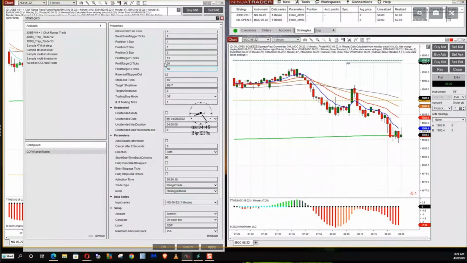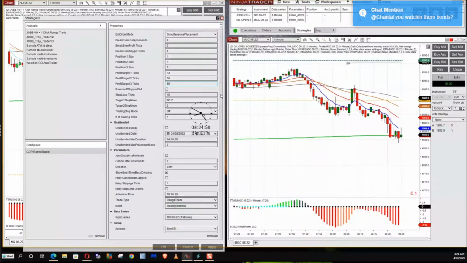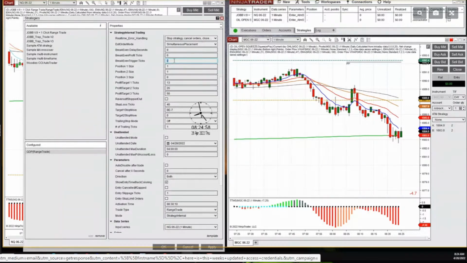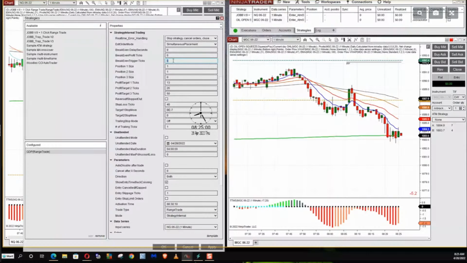And if my second target gets hit, or even better, I can automate my stop movement. If the market moves 30 ticks, it'll move my stop to break even. And 2 of my targets will have been hit.